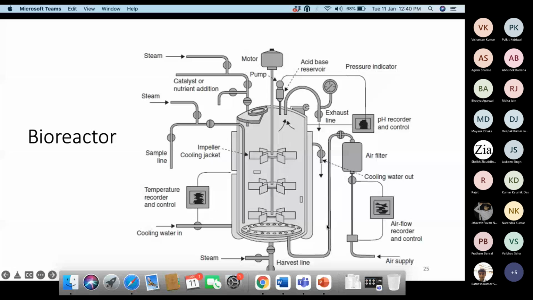Yes, sir, we can see the bioreactor now. Thank you. Thank you. I think it is working now.